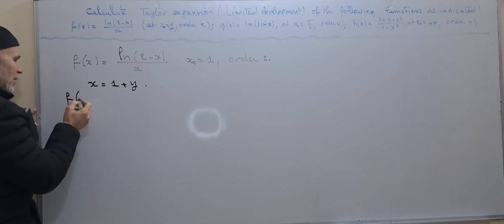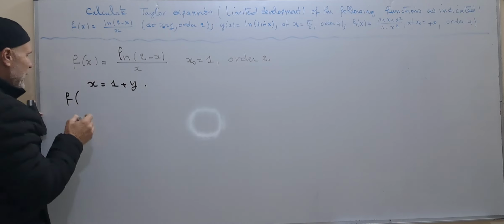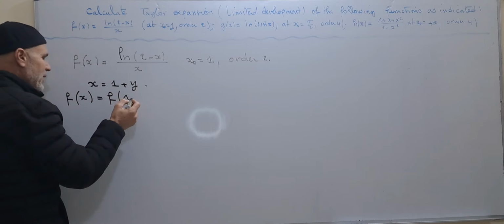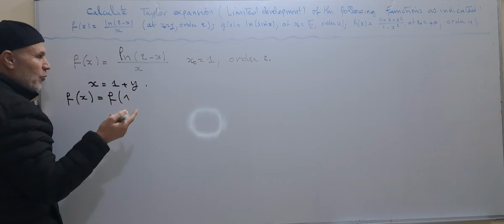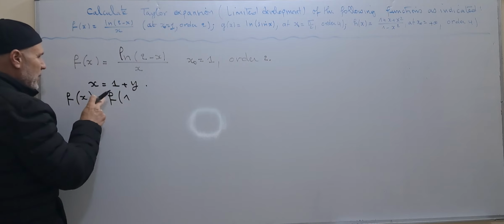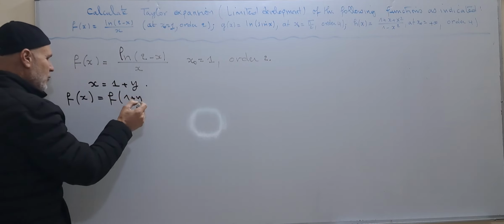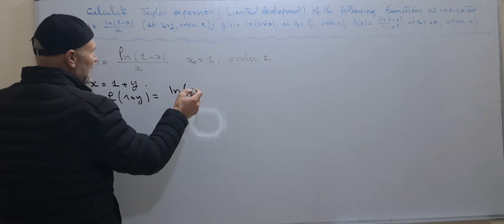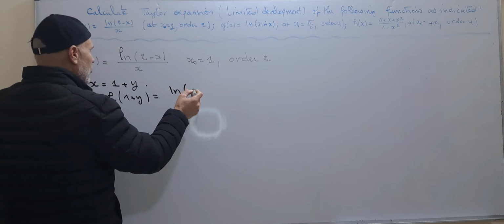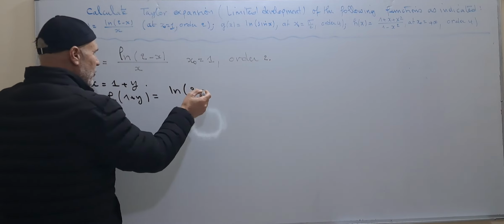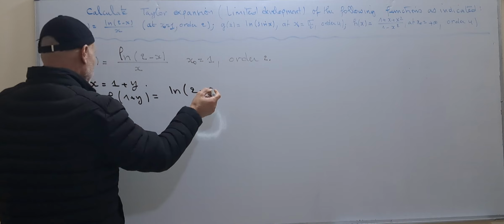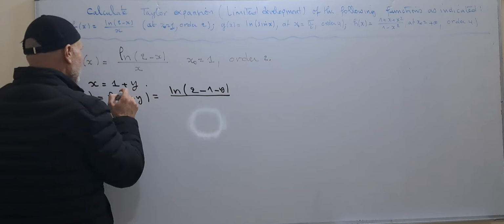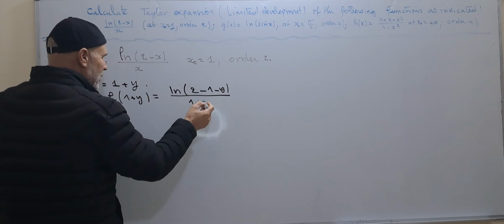We can use more than one way, so I will apply just two. f of 1 plus y is equal to ln(2 minus 1 minus y) over 1 plus y.